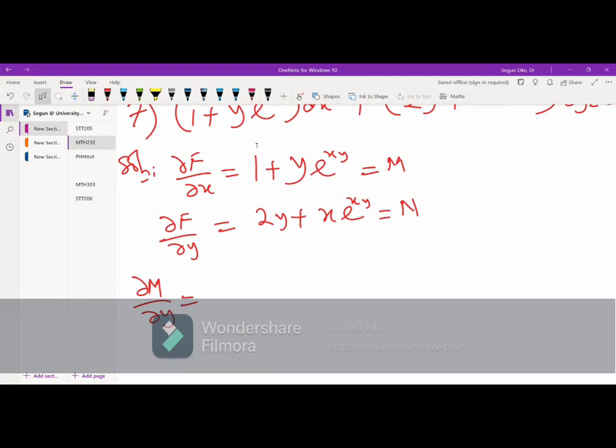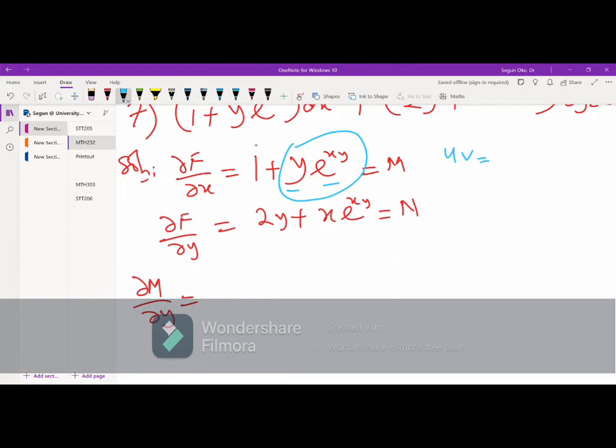Some of you, I pity you. Look at it very well. This one, this is a product rule. Do you agree with me? Yes. So you can't say that. This is a product rule where you have UV. So you have to solve this one separately, solve this one separately, then add them together.